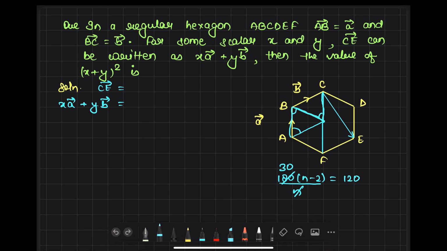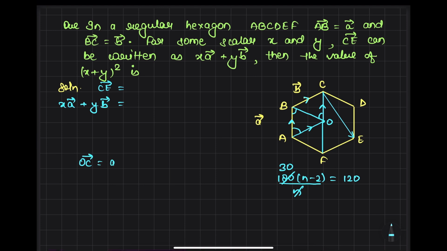Okay, alternate interior angles. So can I say that this thing and this thing are same, this thing and this thing are same? So just ignore everything. Can you tell me the value of vector OC? So it will be vector a.